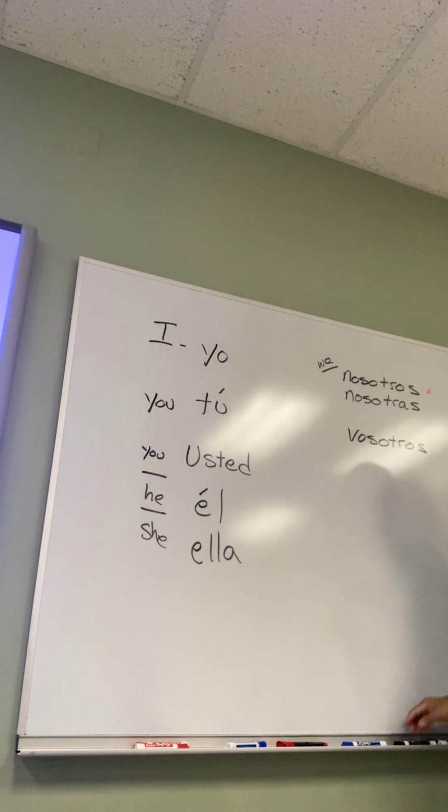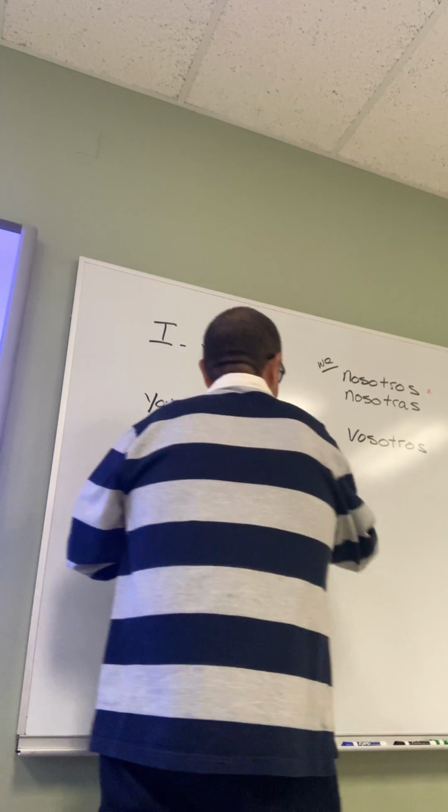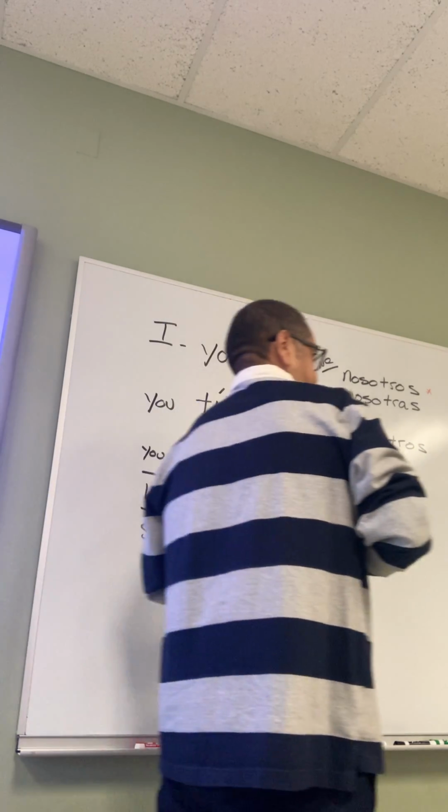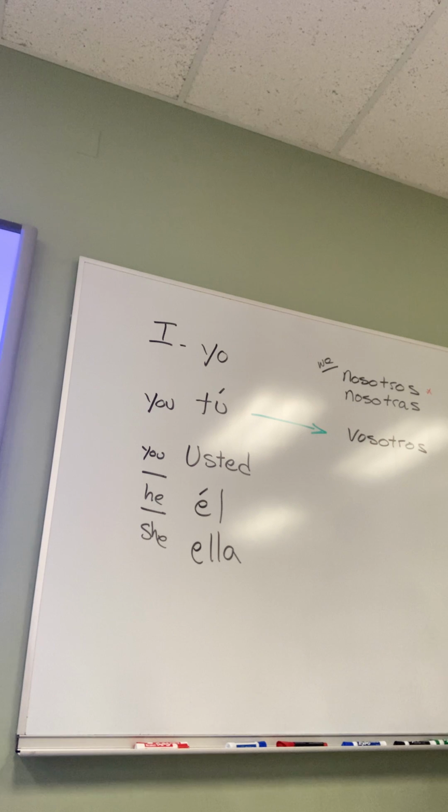Vosotros is literally the plural of tú. So, one student, I'm talking to two students. One young person, I am talking to two young people. And so on. How would we translate that into English if I'm speaking to both Ashton and Meredith?